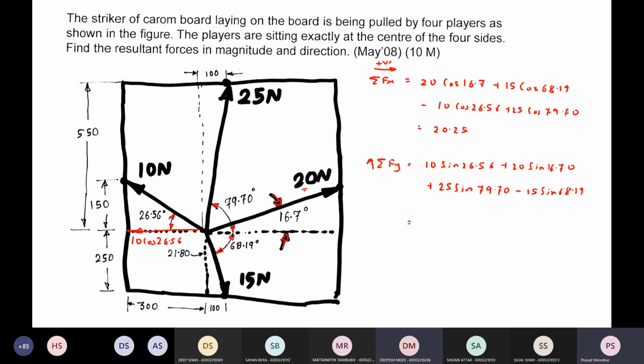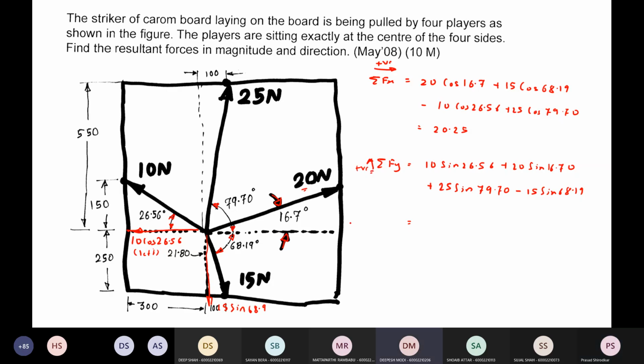Okay, so we have taken the convention, all the forces in the right hand side are positive. So this comes from the left hand side. Similarly, for the 15, the sine component is coming downwards. This is 15 sin 68.9, while when you resolve, we have taken the convention, upwards is positive.